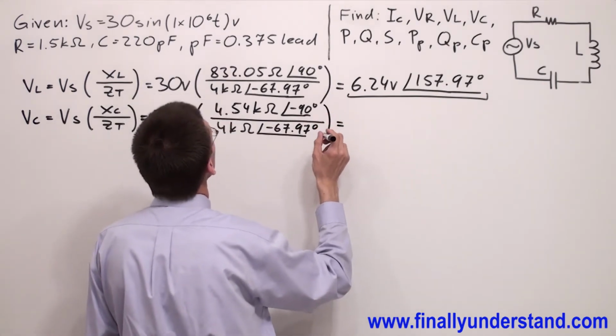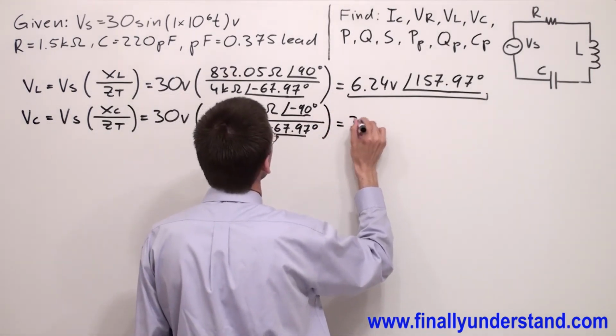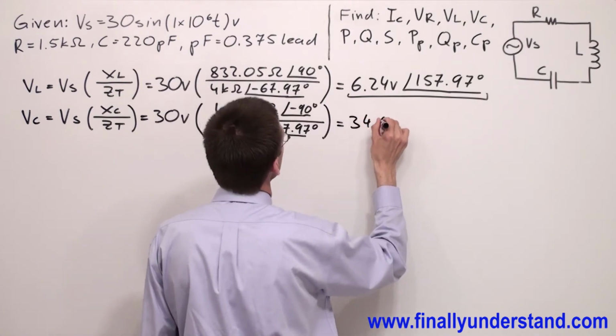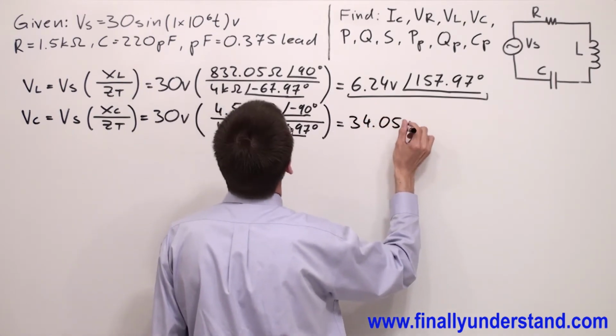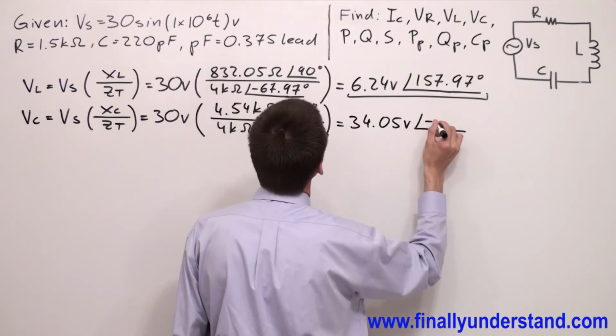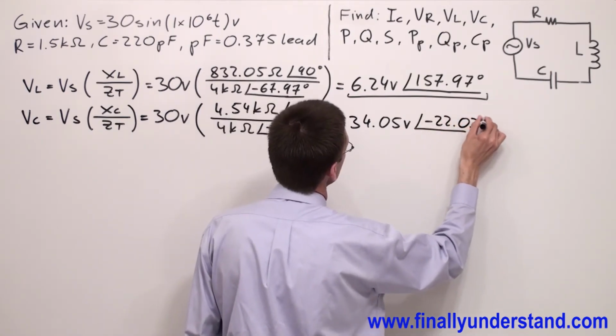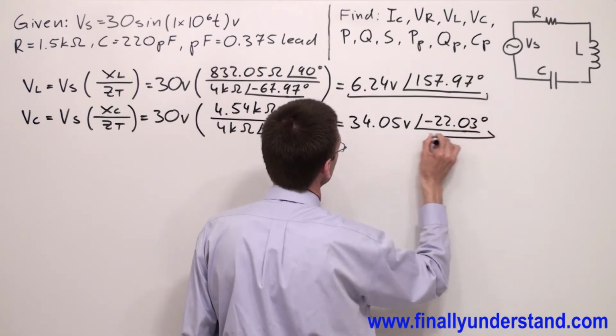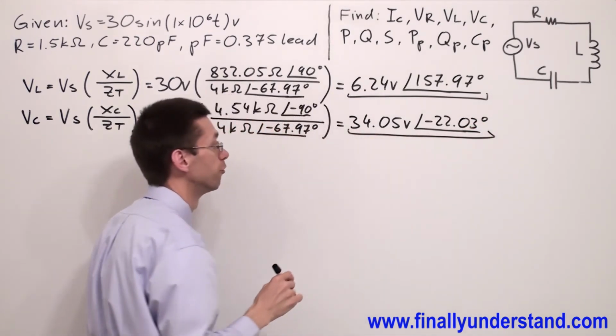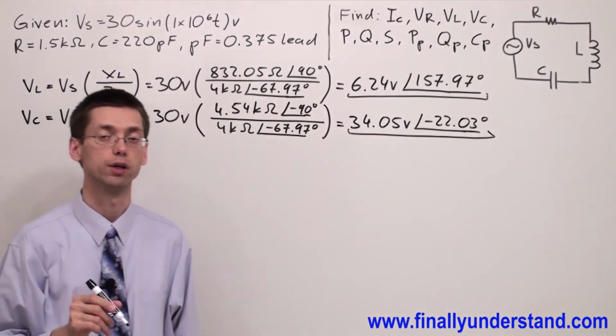This is equal to 34.05 volts and angle of negative 22.03 degrees. Okay, we found the voltage drop across each component.